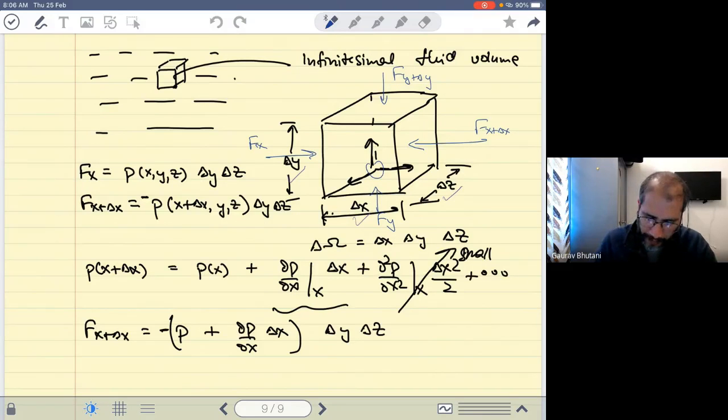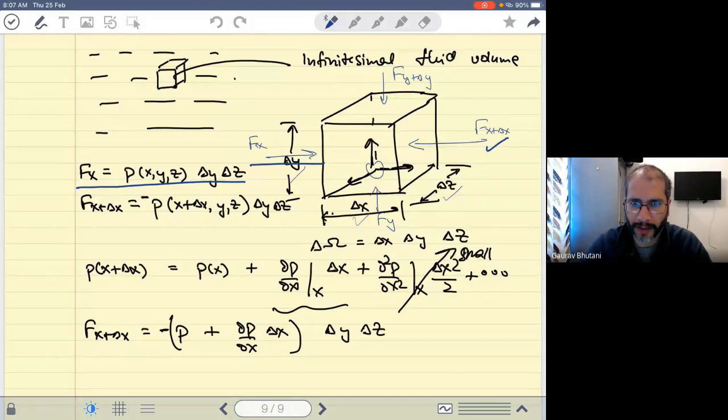And then we wrote the expression for the x force, which is acting on the left hand side, on the plane x equals, let's call it x. So this is f of x, and on the plane on the right hand side, the force is f of x plus delta x, because the right hand side plane is at a distance of delta x from the left plane.